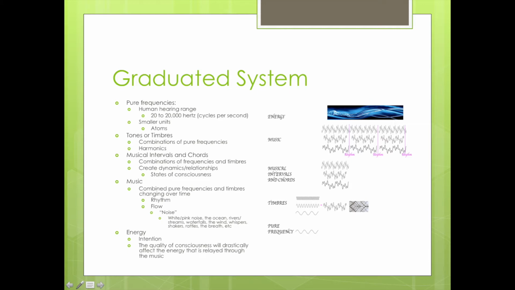And lastly, we are looking at energy as a whole. We are adding intention. So the quality of consciousness is going to drastically affect the energy that is relayed through the music. The quality is always affecting the energy of the waveform that it rides on. So the intention and information within each thought carries specific harmonic coding that affects others and it affects the individual.